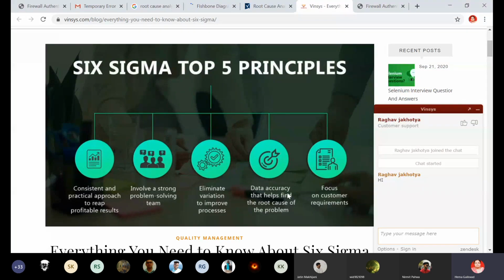Once the quality improves for different processes, automatically your business and your company will get 101% success. So these are the different 5 principles. We will discuss more in detail what these principles are, and the techniques, everything, in the next lecture.